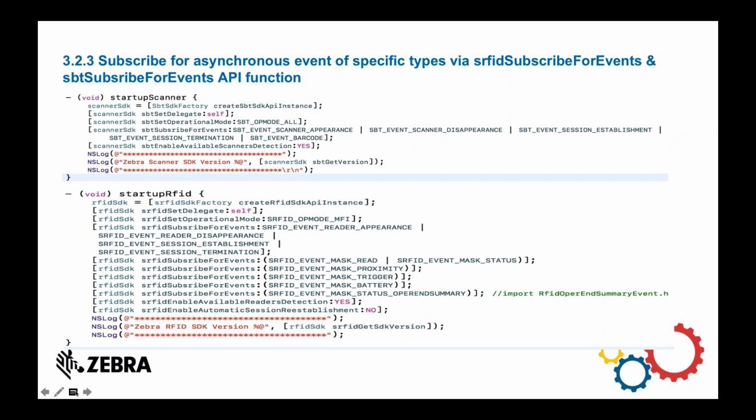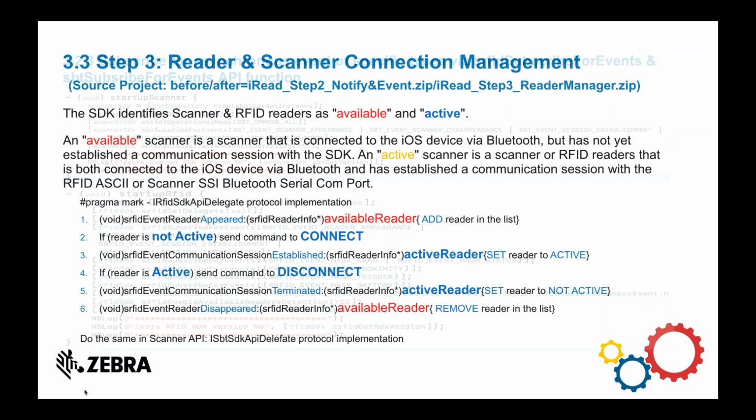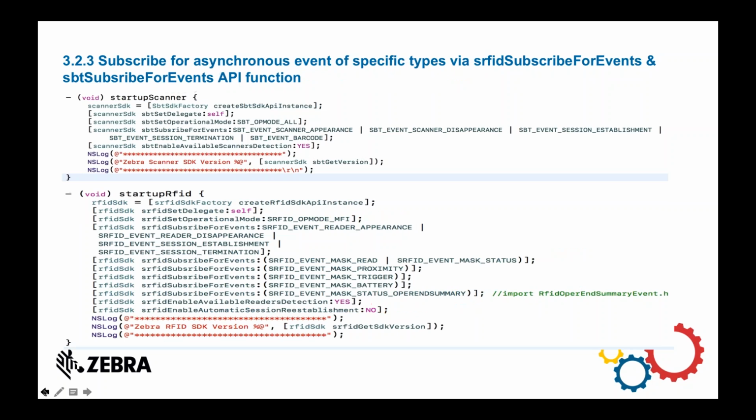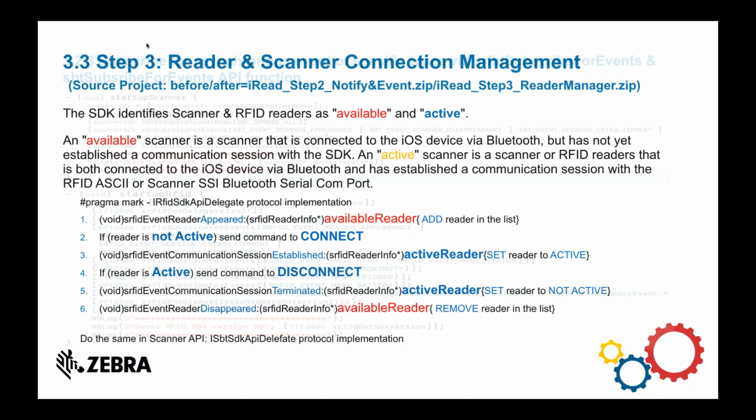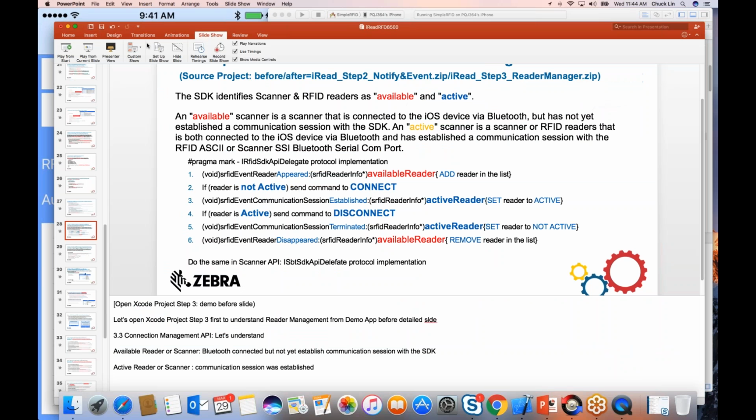Okay, so we went through the 3 steps now, and in the next step we will write some code to make sure your application can receive notifications. Okay, let's exit the slideshow now. Let's open the Xcode project.